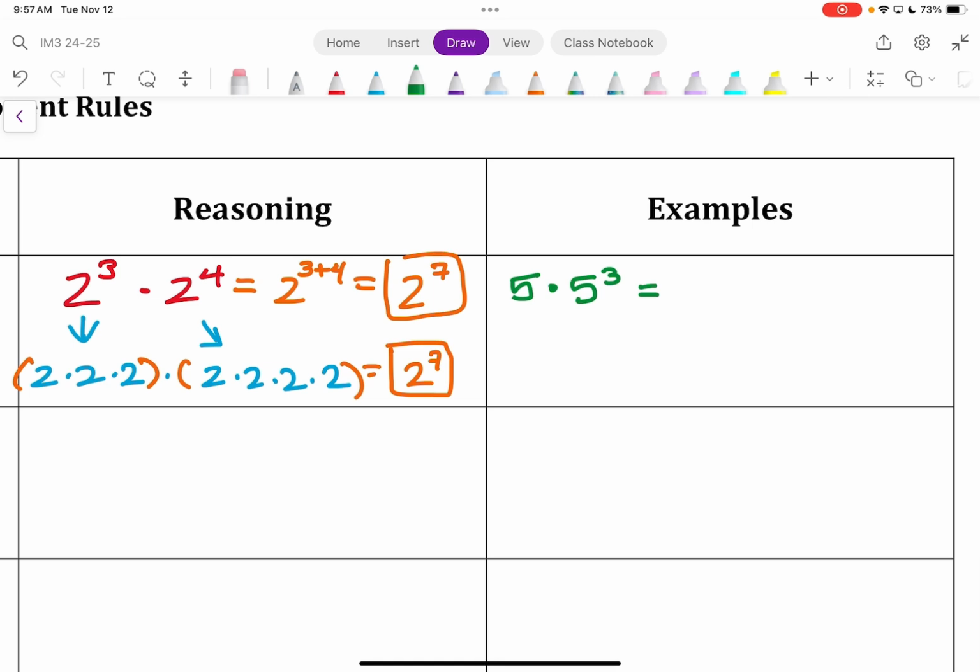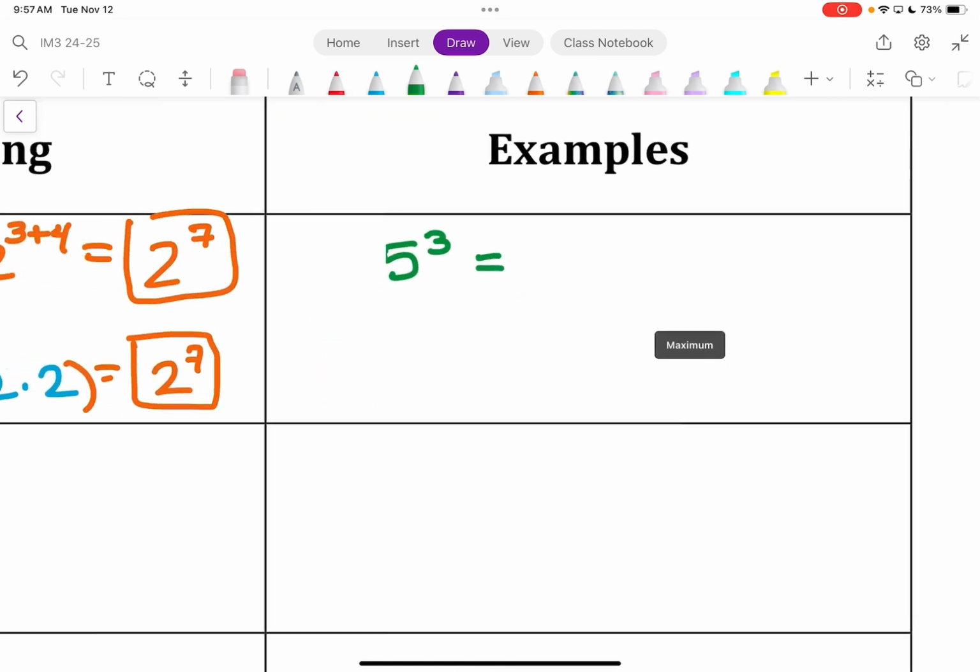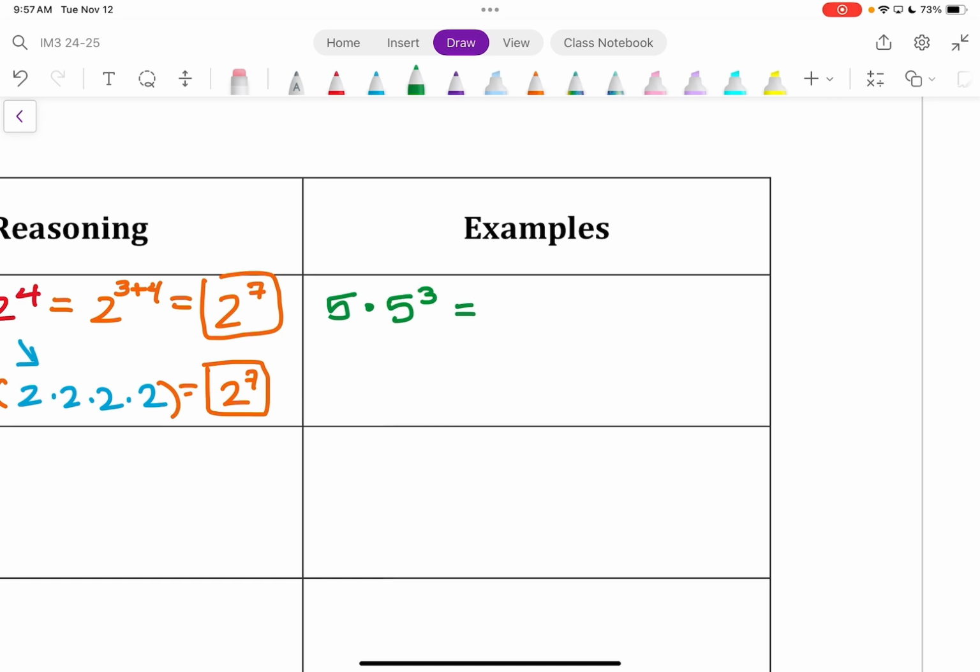All right, what do we get here then? Well, once again, we want to utilize the product rule, so we should be adding the exponents. Now, the first number, 5, do you see an exponent? No, but we can assume that there is an exponent. It's a 1. So in reality, we have 5 raised to the 1 plus 3 power. What's 1 plus 3? 4.